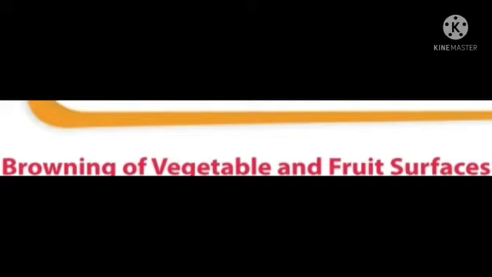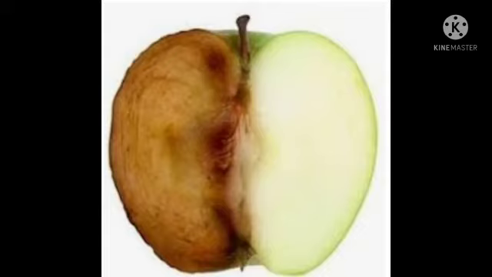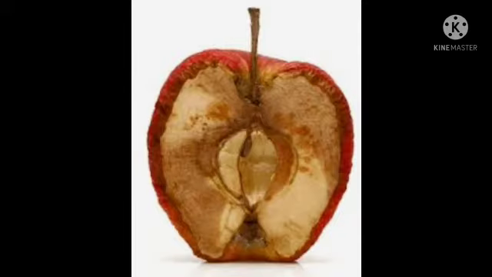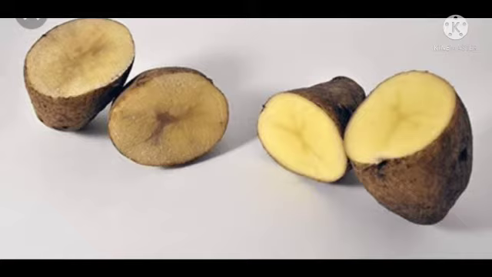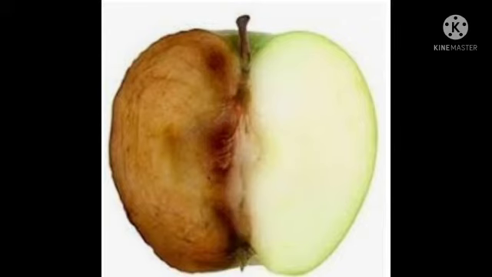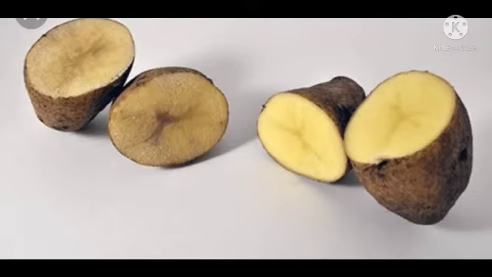Next, today we are going to learn about browning of vegetable and fruit surfaces. If you observe the cut surfaces of a brinjal, an apple, or a potato which have been exposed to the air for some time, you'll find that the surfaces have turned brown.